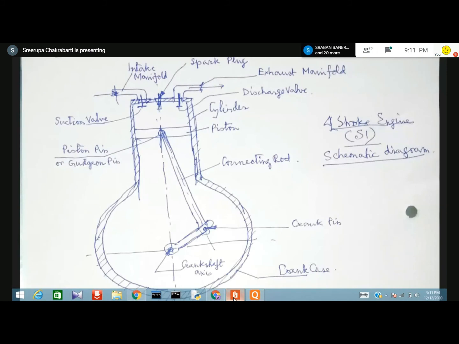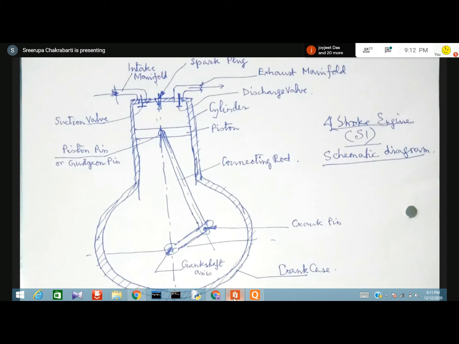If we do, all the petrol engines will have auto ignition or detonation. Sir, is knocking auto ignition or pre-ignition? Knocking is auto ignition. Detonation is auto ignition. Pre-ignition is another phenomenon, but we'll explain it later. That is when the ignition occurs before the spark.